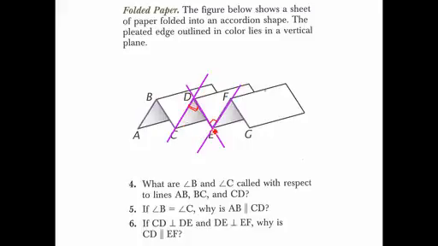Okay, so think about that. Maybe if I put this perpendicular symbol right here, it'll be a little bit easier to figure out. Okay, kind of messed that up a little bit.